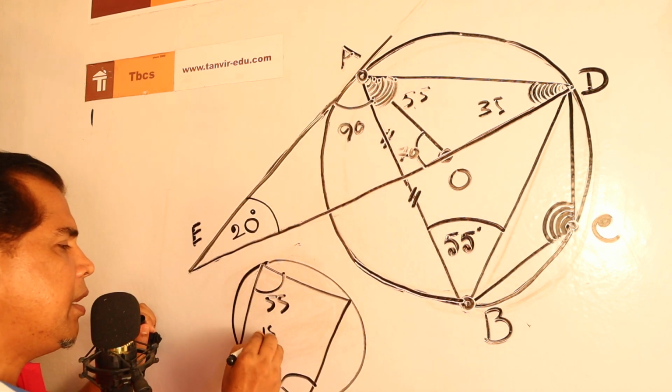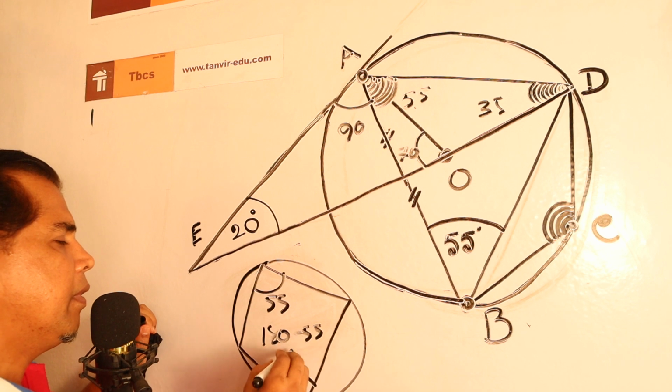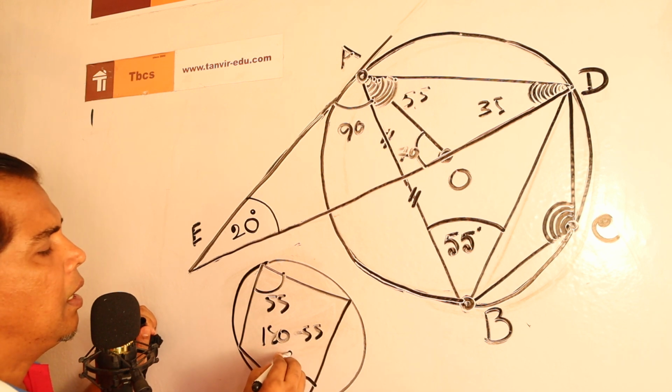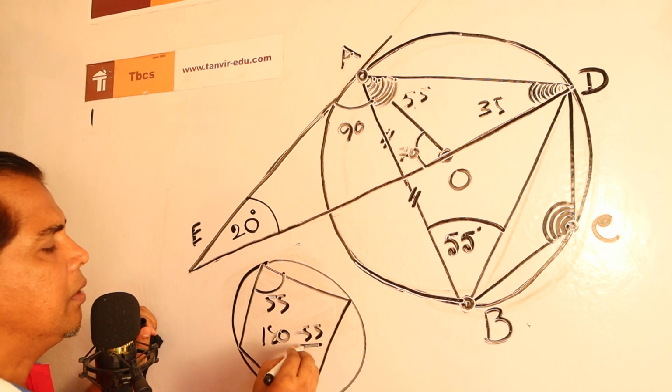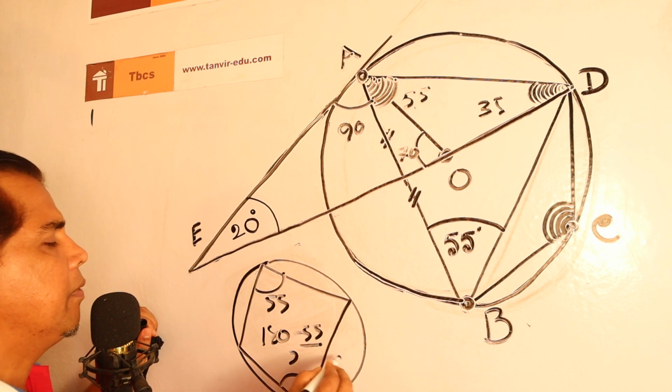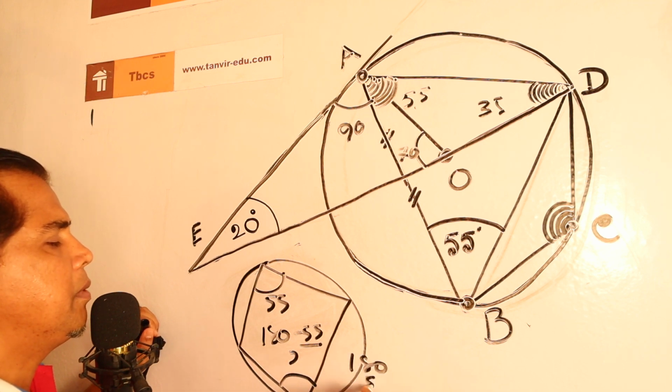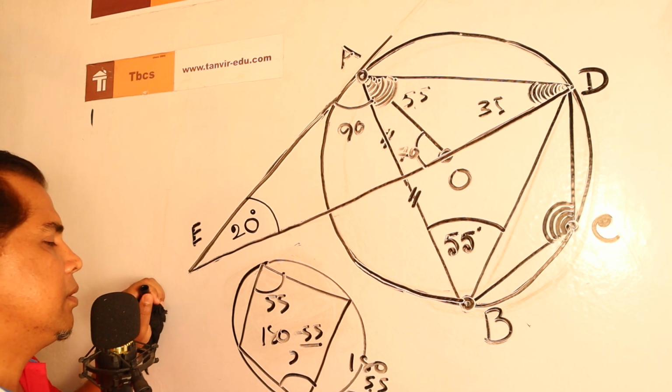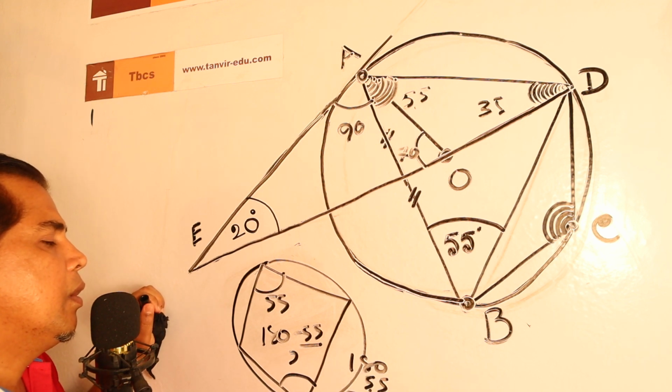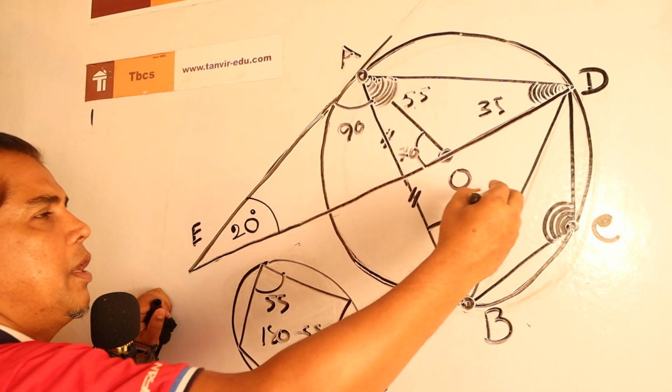So 180 minus 55, 5 from 10 is 5, 6 from 7 is 1, so that is 125. Yes, 125.